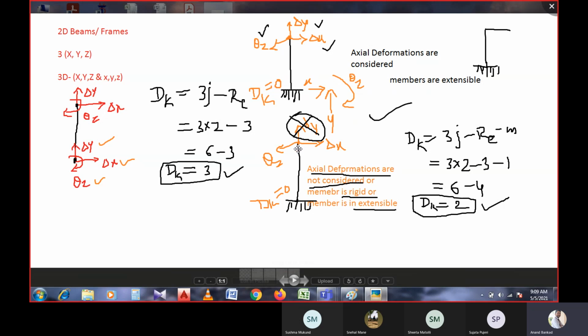That means axially it is not allowed to deform. So only two directions are allowed, that is in x direction and movement in z direction. At the same time, at this support it is 0 because the fixed support is provided. There is no degree of freedom to move or deform at the particular joint. So since it is 0 here and here, it is two numbers. The degree of kinematic indeterminacy is two numbers, and these axial deformations are considered, right?